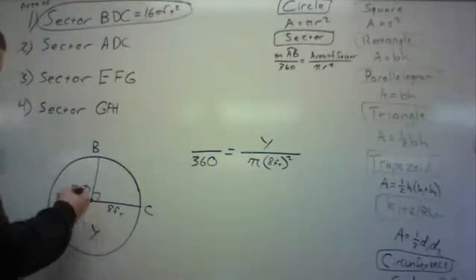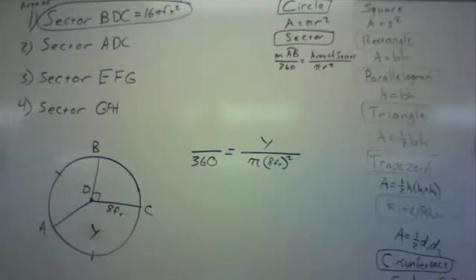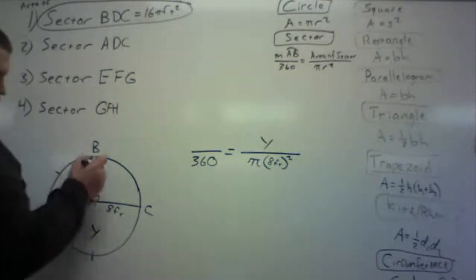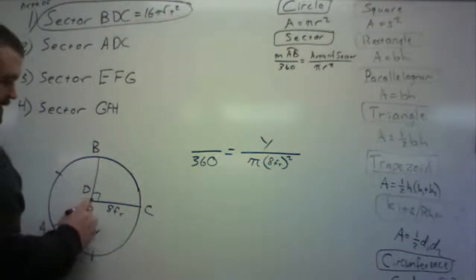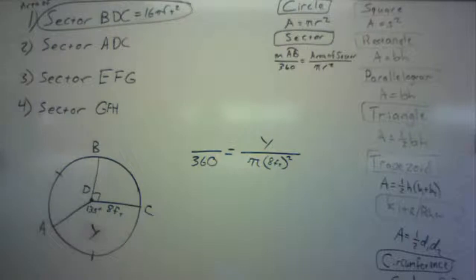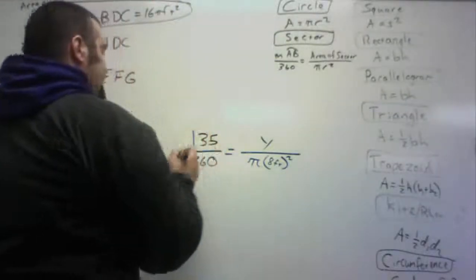Now, the measure of this arc, it wasn't mentioned, but these two arcs have the same length, so they're congruent. And if you remember back to yesterday, if this is 90, then the big thing is 270. Half of 270 is 135 degrees. So this is the same circle from yesterday. If you want to know how I got 135, just look back yesterday real quick. So 135.